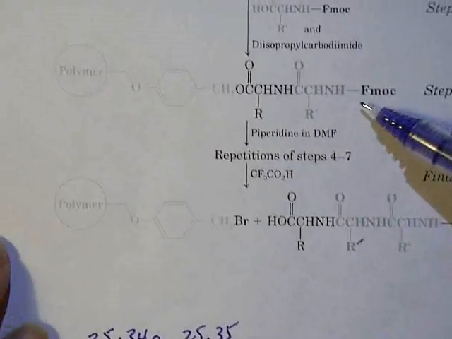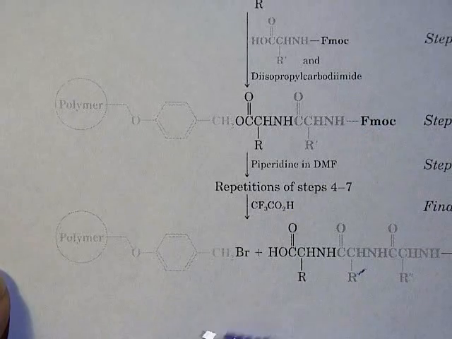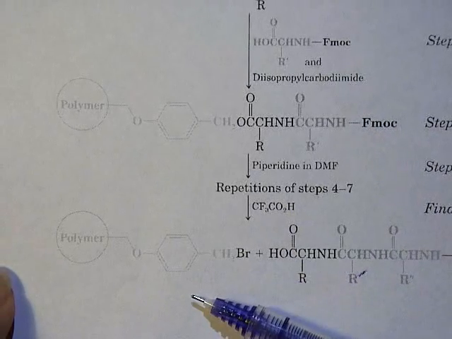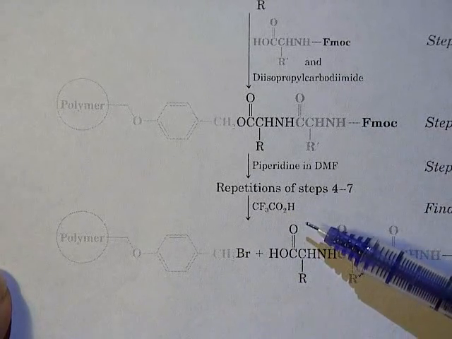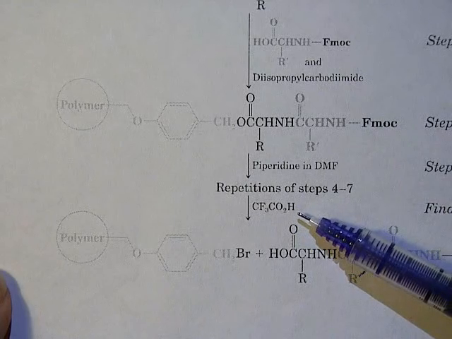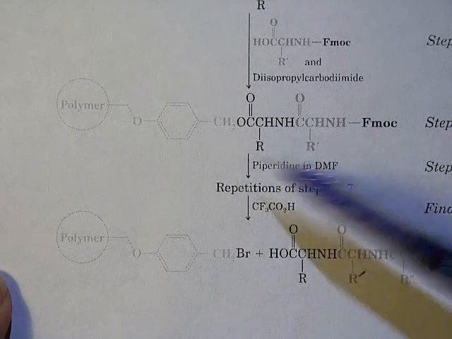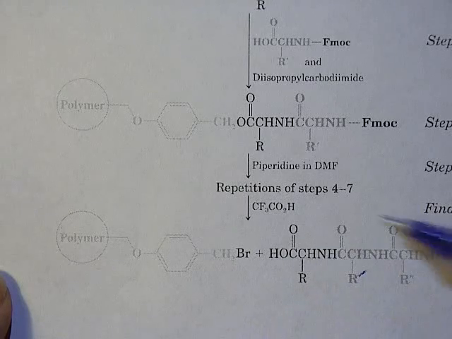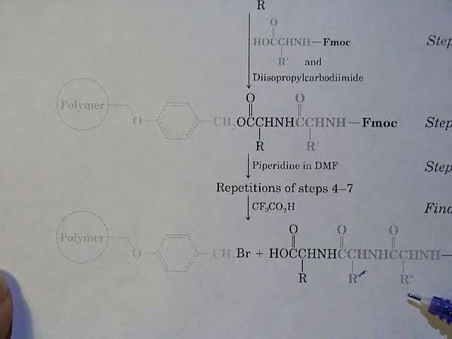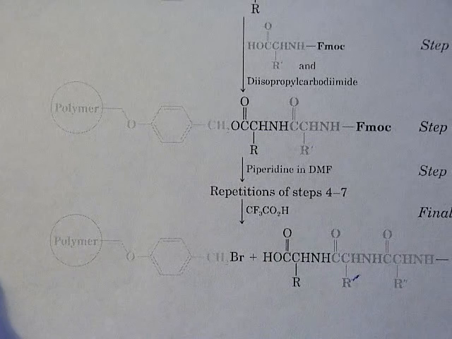At the very end, what you would do is you take it off the polymer, and you do that by treating with trifluoroacetic acid. And what that does is cleave that ester bond, and it releases the peptide that you synthesized.